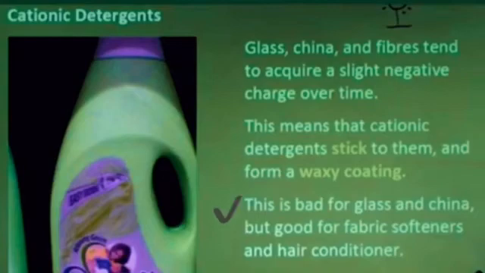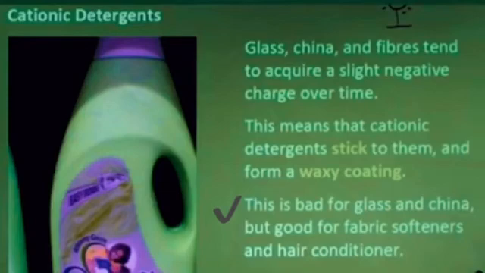This is bad for glass and china because it makes them slippery. So let's see, we've got a cup. It tends to build up a negative charge, so all the soap molecules tend to stick to it, and that makes them waxy and greasy. And that's bad for glass because we don't want to drop them.